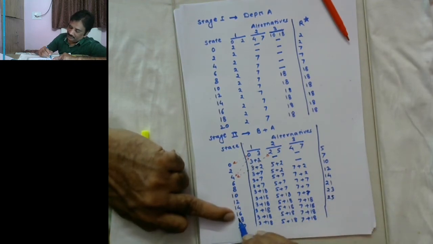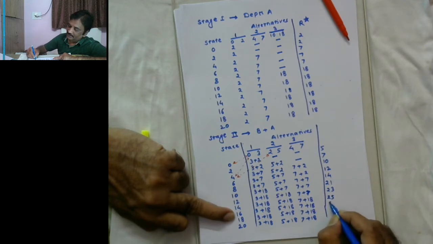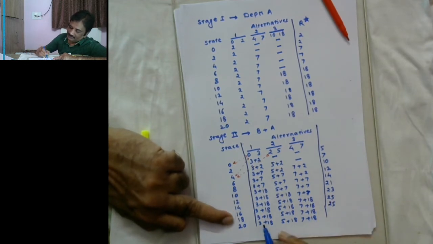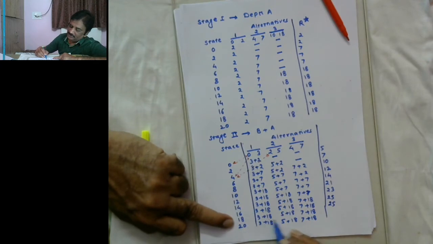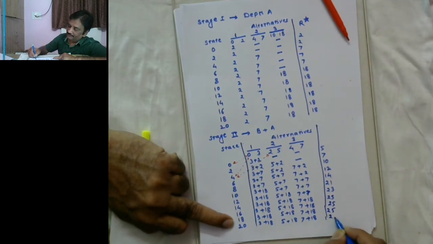If you assume you have 16 crore, the best return is 21, 23, and 25 again. Then for 18 crore, it is 21, 23, and 25 again, and lastly also 25.